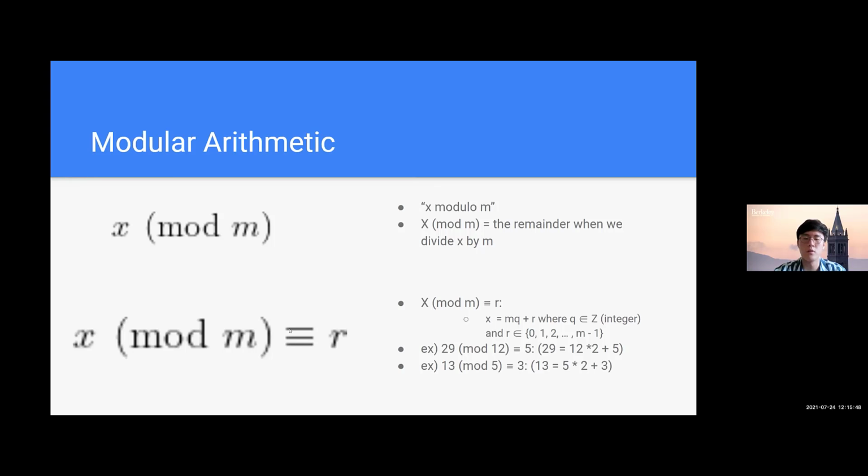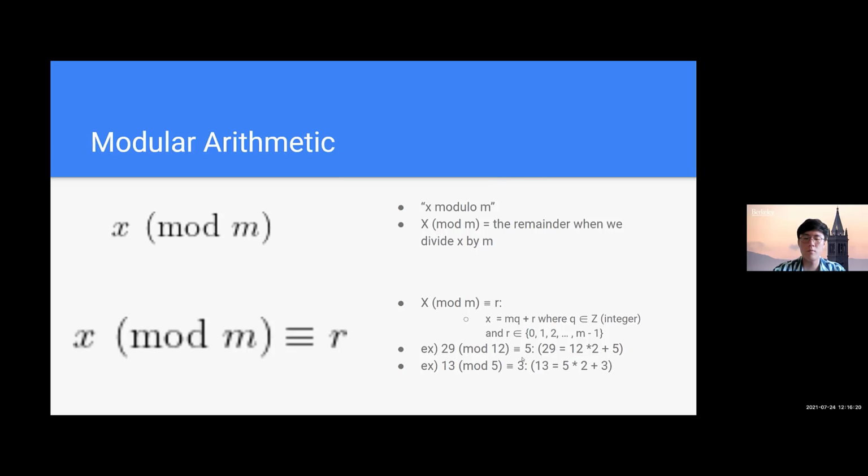With the three horizontal bars in the middle, we read it as x is congruent to r, where x is equal to some integer multiple of m plus r, which means x modulo m is equal to the remainder when we divide x by m. For example, 29 mod 12 is 5, because 29 is equal to 12 times 2 plus 5. If you divide by 12, the remainder is 5.